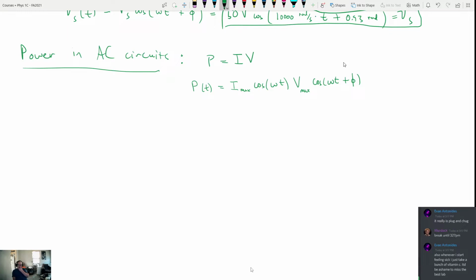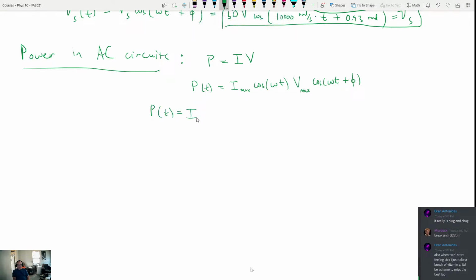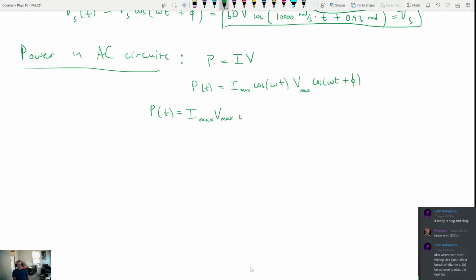So what we would like to do is to average the power over one period, similar to what we did at the beginning of class today. So let's find the average power. Let's multiply this out first. We can use the same identity we've been using all class. We'll put I max, V max in front, and we'll put the cosine stuff together.